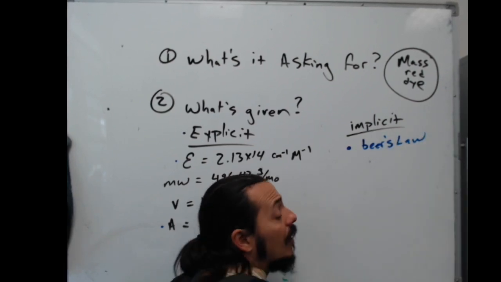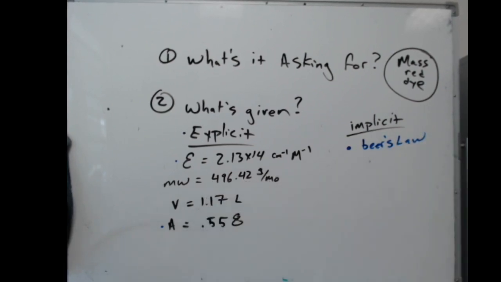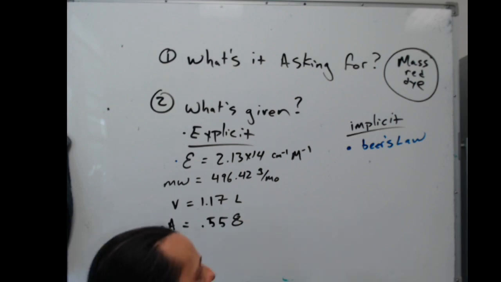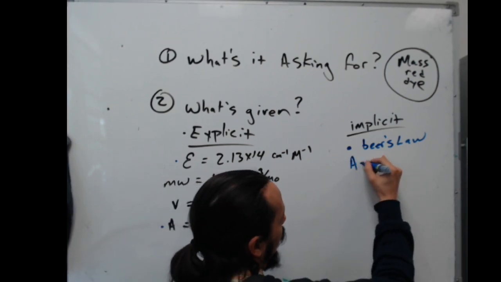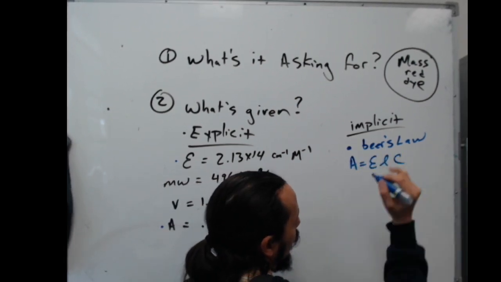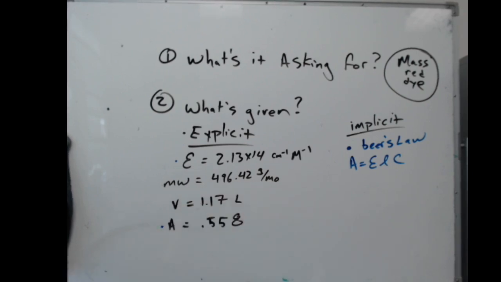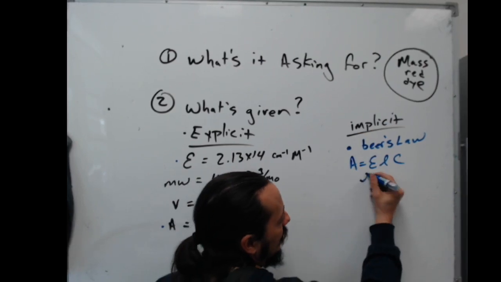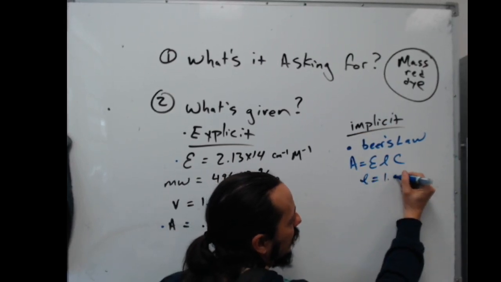Also the context of the problem, the fact that it says it's a red dye and that we've got an absorbance, we're making a solution. All of that stuff should suggest Beer's law to us. Notice I don't think it gave us a path length. Assume a path length of 1 centimeter, as we usually do with Beer's law, if it doesn't give us a specific other thing. But again, that's implicit information.